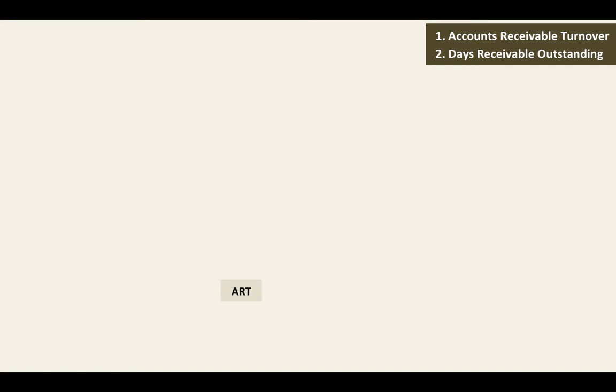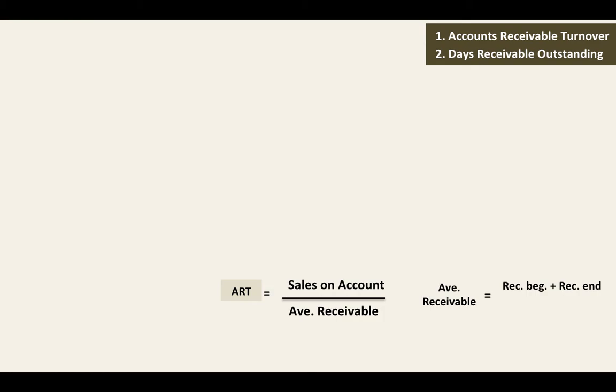So our formula for accounts receivable turnover, as we have discussed, is sales on account over average receivable. And we know that our average receivable is the beginning receivable plus ending divided by 2. And for days receivable outstanding, our formula is 365 days over accounts receivable turnover number of times.